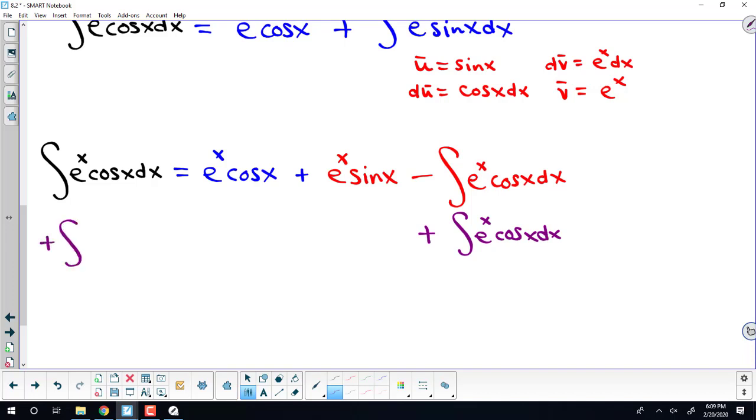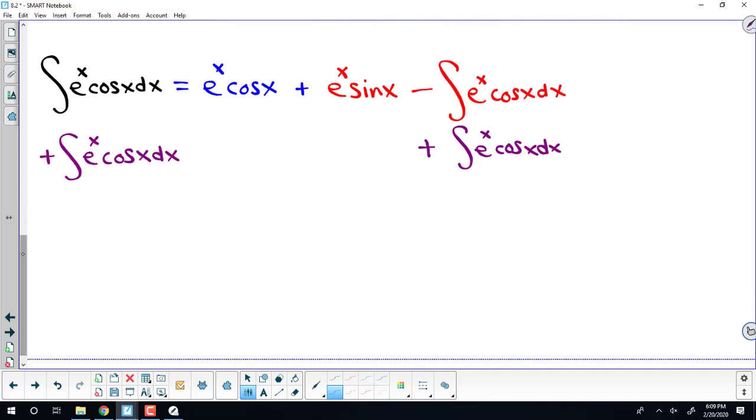Because otherwise we just keep going and going forever without any reconciliation. So we're just going to add that to both sides and have two of those integrals over here, equaling, what do we have?